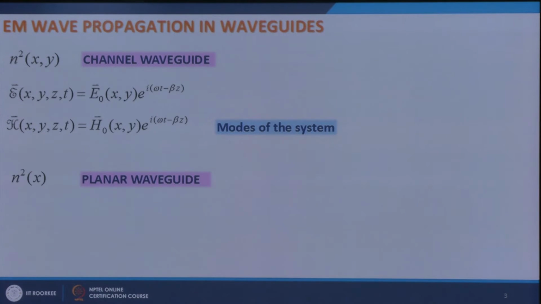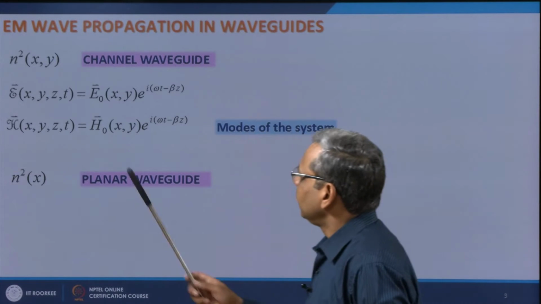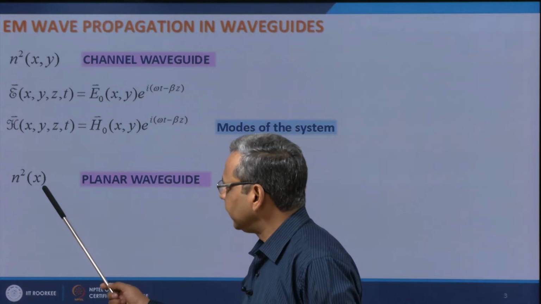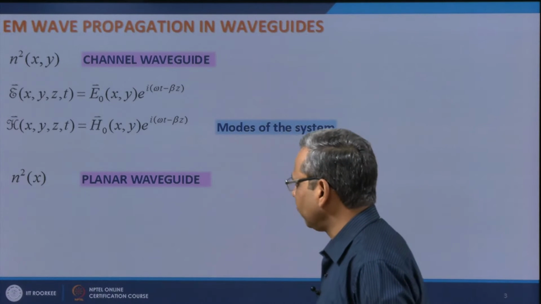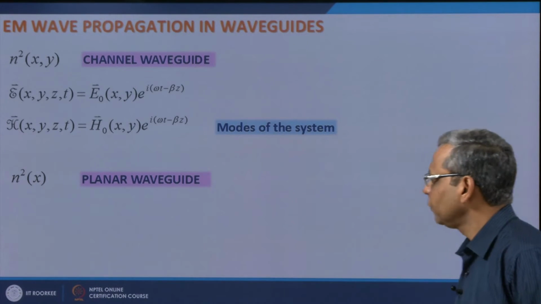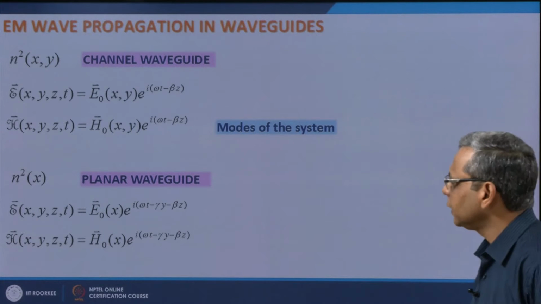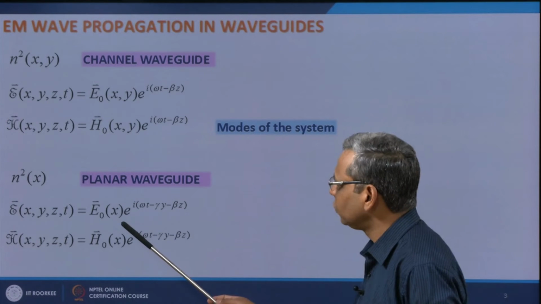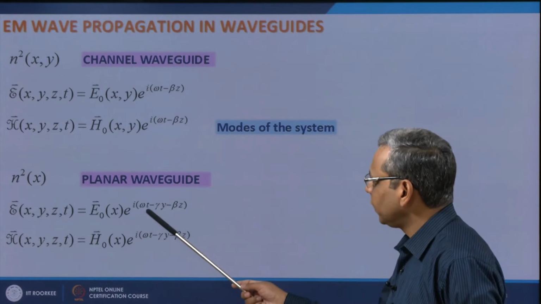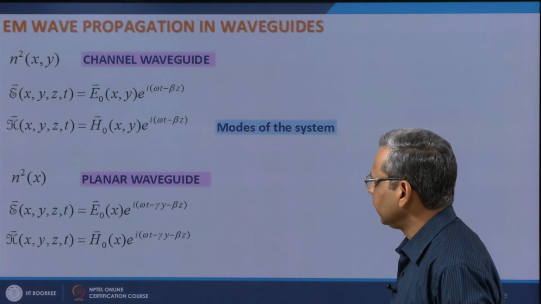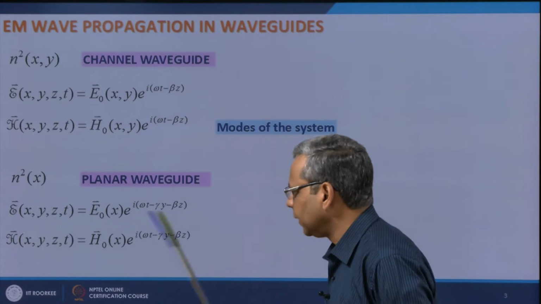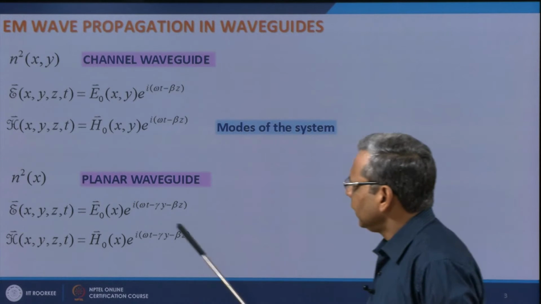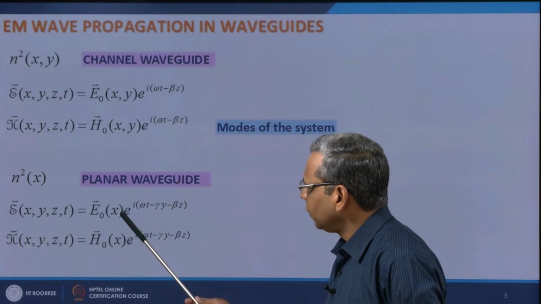Okay. If instead of having n square of x, y, I have variation only in x direction, so n is a function of x only, then it is a planar waveguide, and in such a case I can write down the electric and magnetic fields as E 0 of x e to the power i(omega t minus gamma y minus beta z) and H like this. So, here what I see is that this E and H depend only on x.